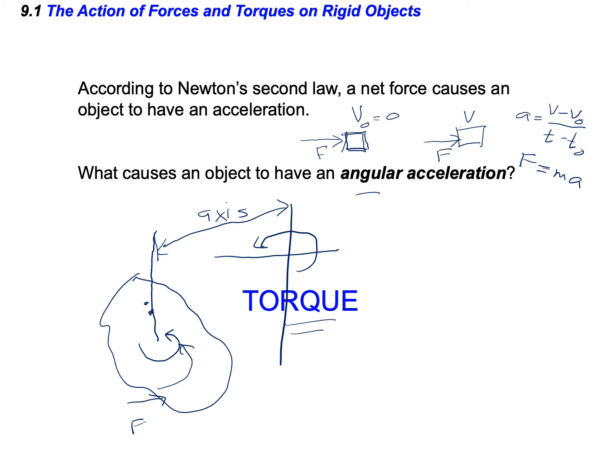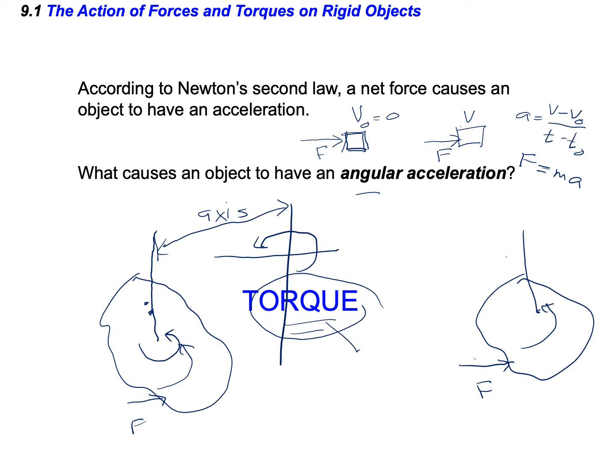If we have an object attached to an axis, when we apply a force, it rotates. So the combination of force and rotation, we call it torque.